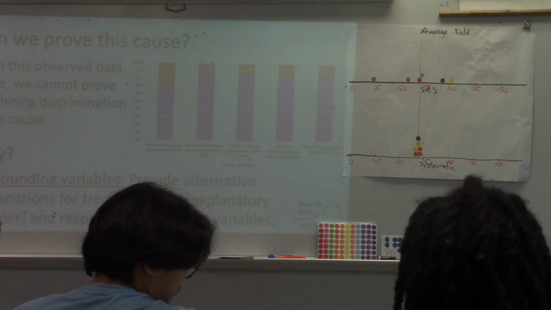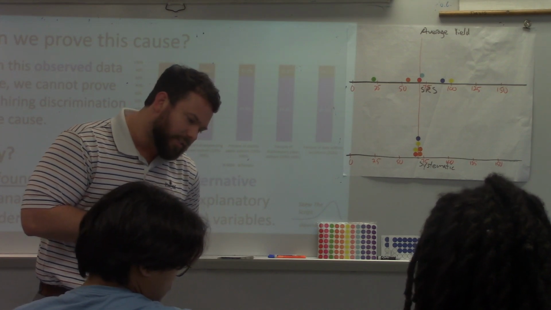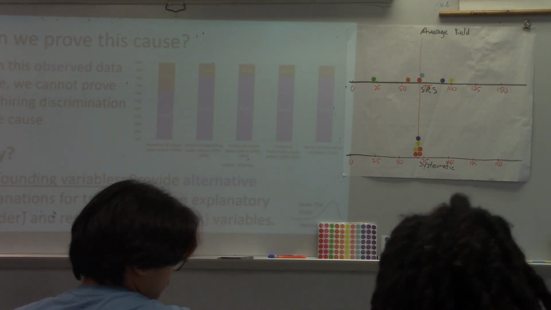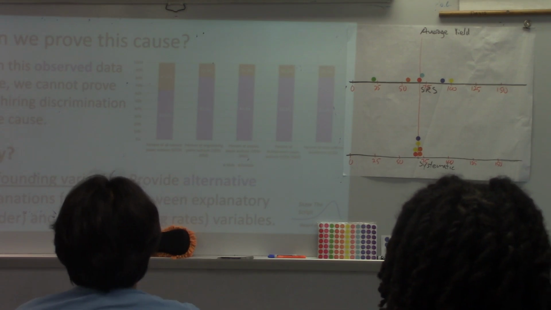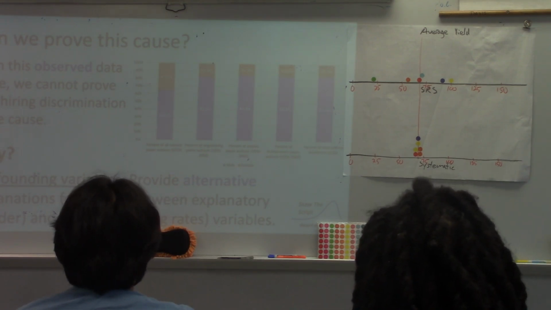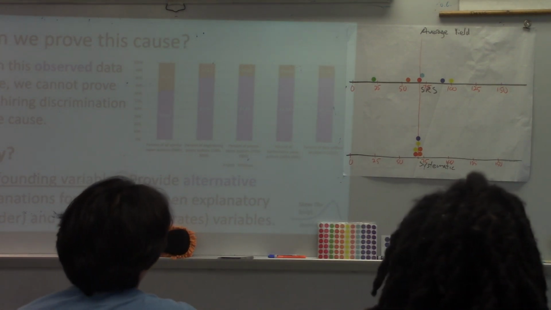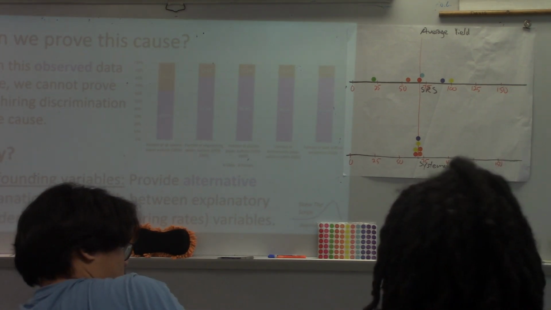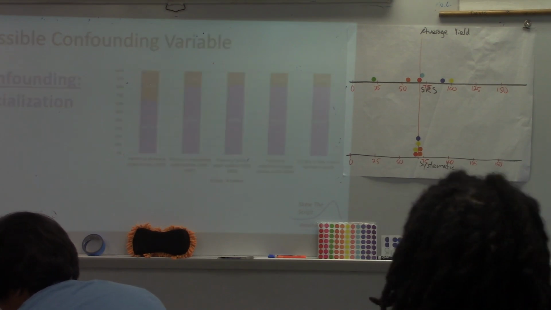Notice it gives the one possible cause of gender gaps is hiring bias, proving the idea of cause, but confounding variables provide a what? Alternative explanation for trends between explanatory and response. I do like that definition. That's saying the same thing that I said earlier, but it's a good way to say it. It provides an alternative explanation. It prevents an accurate understanding of cause and effect, which I just realized it is about time to go.